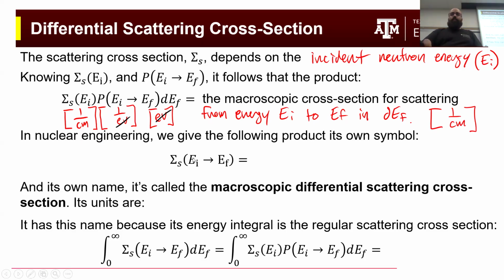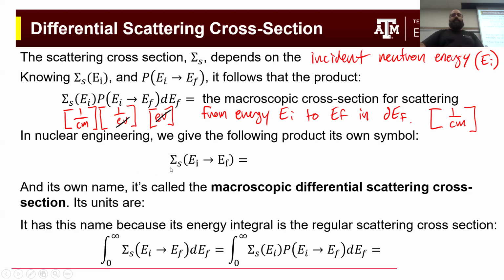When we talk about a macroscopic cross section for scattering from one energy to another, this is really what we're talking about. A lot of times when you read nuclear engineering textbooks, they bake it all into one cross section that looks like this.